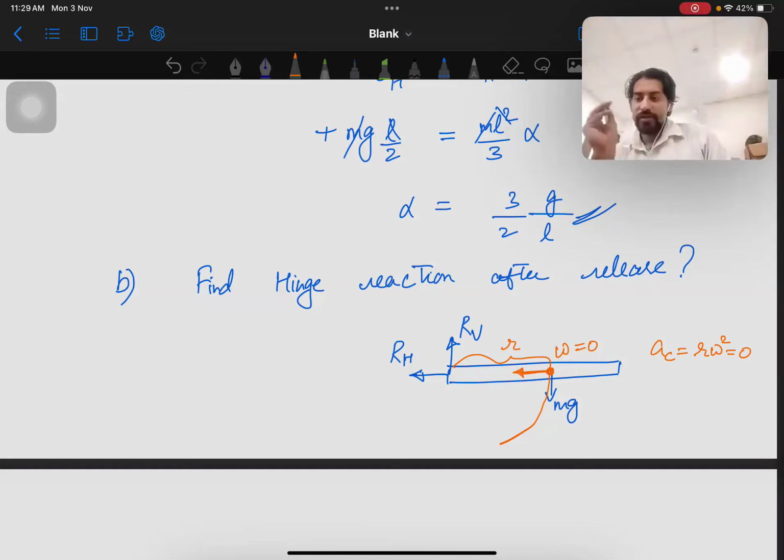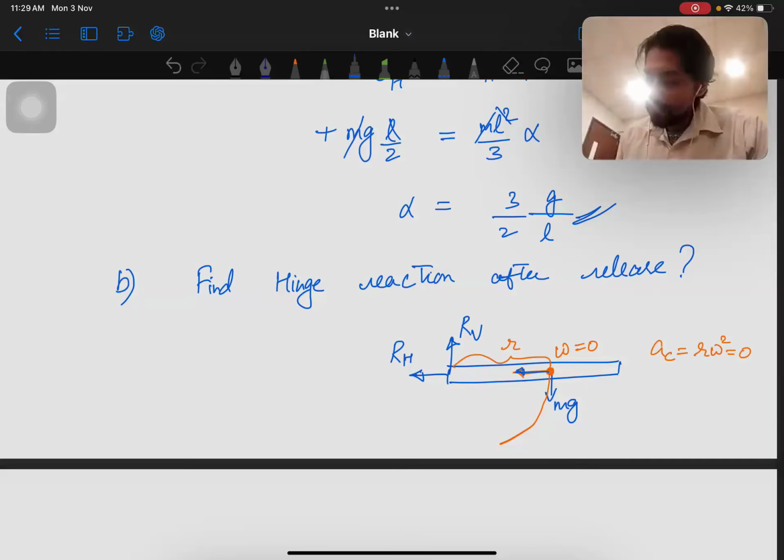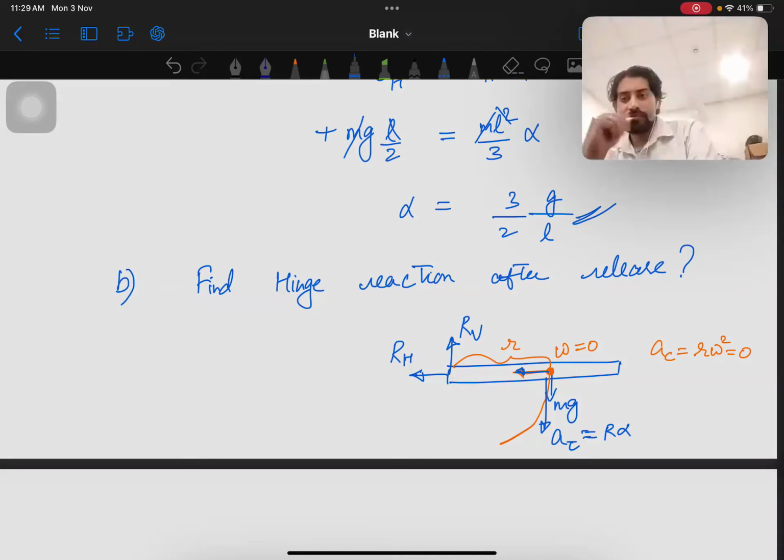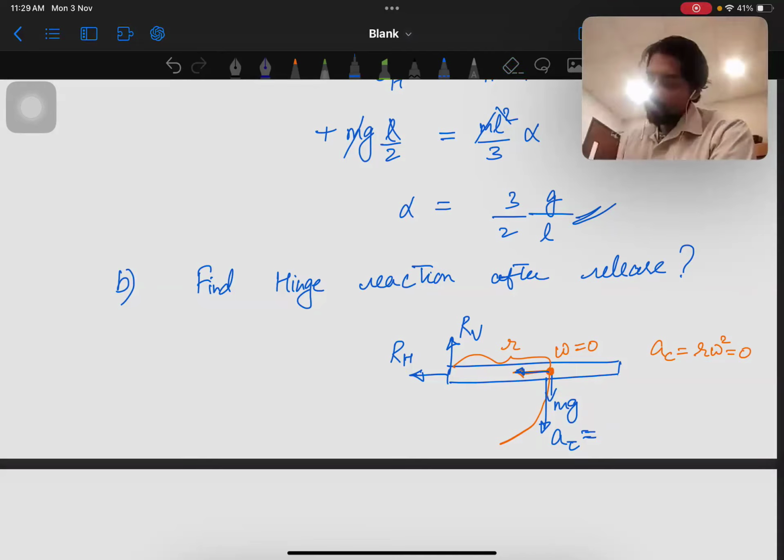So this one will be 0 initially. Okay, so AC is gone. Then which other acceleration is the tangential? The tangential acceleration of the center of the mass is AT. But AT is nothing but equal to R alpha. Correct? This we know from circular motion. And R over here is L by 2.